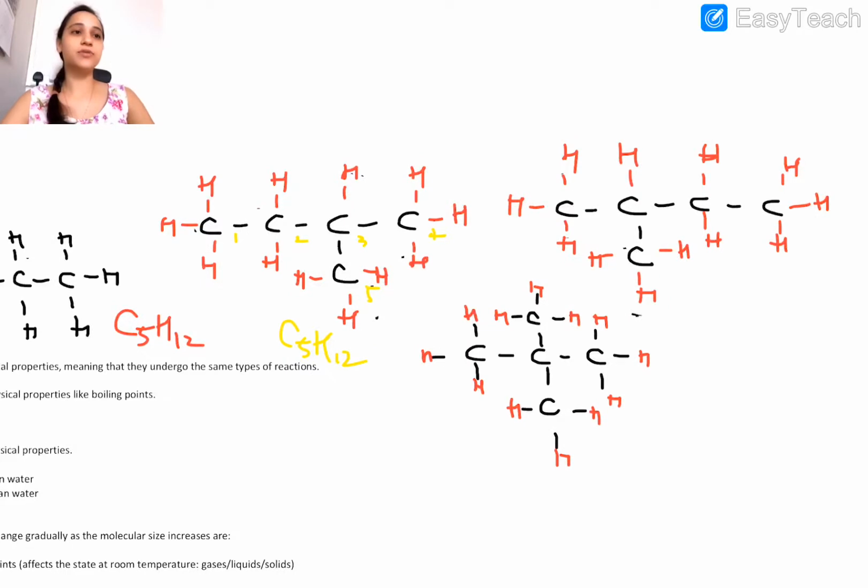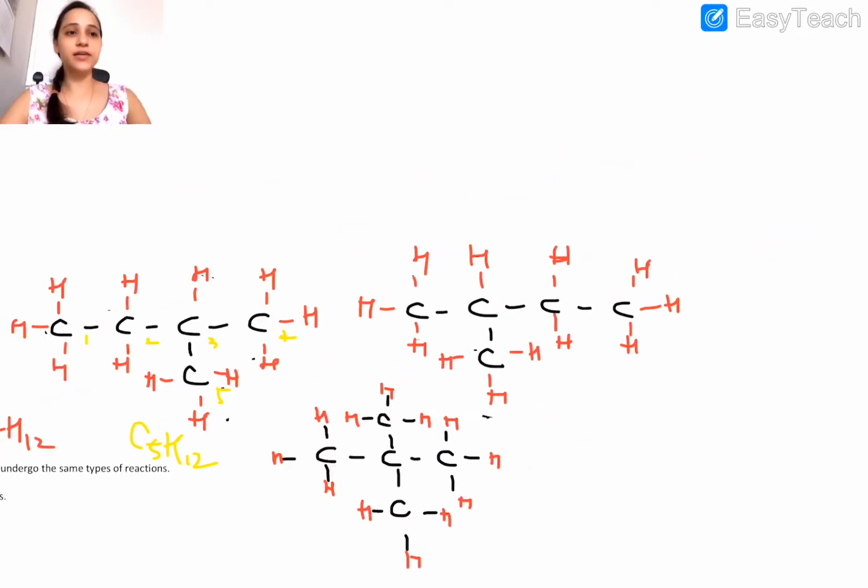Okay, now if you would want to attach the 5th carbon to this carbon here, actually when we're counting carbon atoms, you could start at any point in the chain.